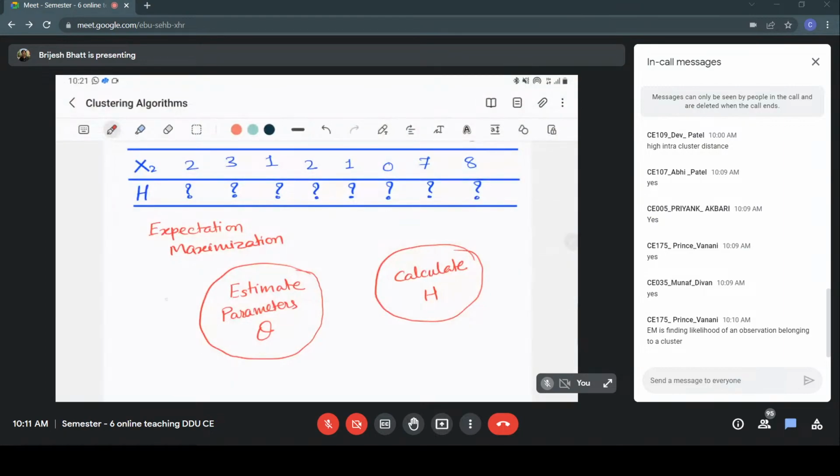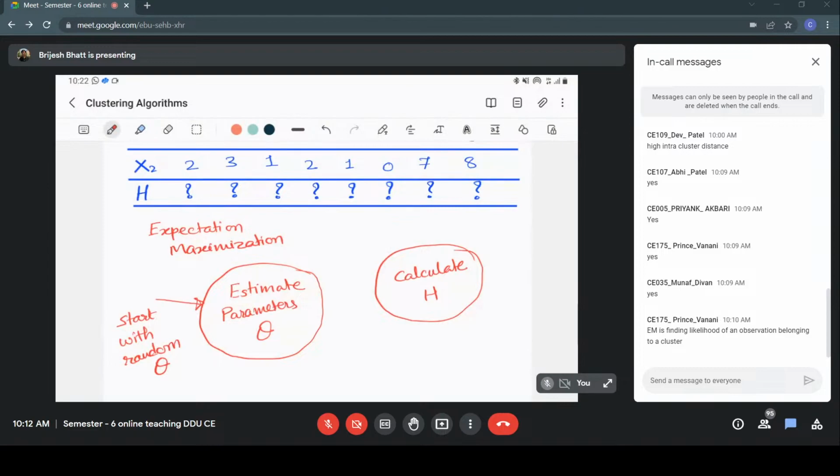So we first start with a random theta. Remember, we randomly initialize the probability values. Then based on those probability values, we calculate h. And then based on the new h value that we calculated, we re-estimate the probability.